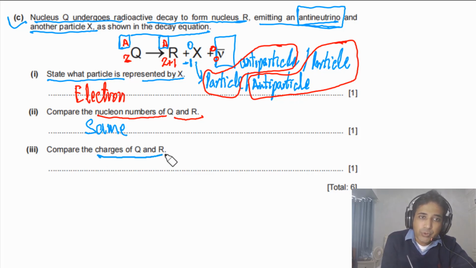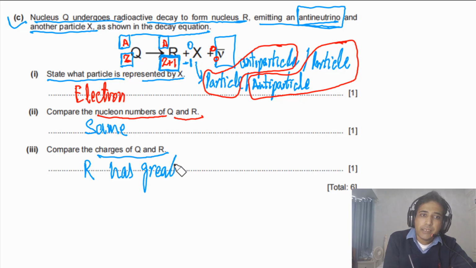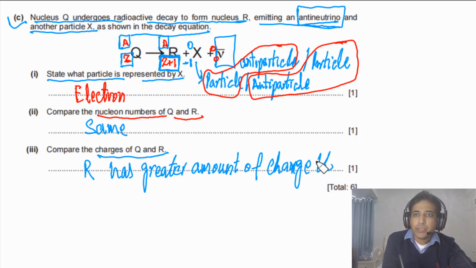Compare the charges of Q and R. The charge on this one is Z, and the charge on this nucleus is Z plus 1. So it means R has a greater charge. So we can say R has a greater amount of charge than Q.